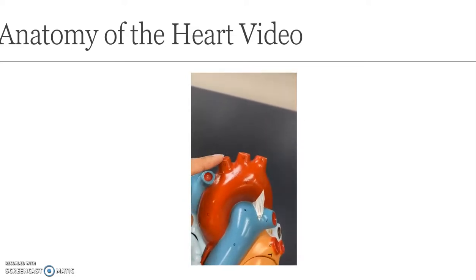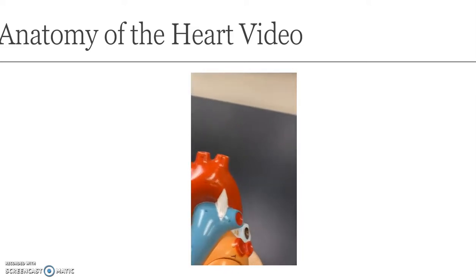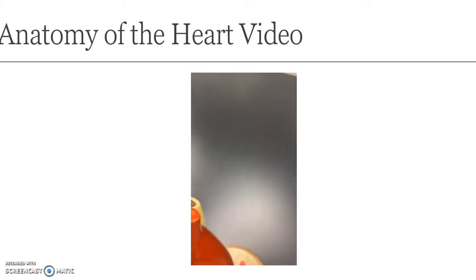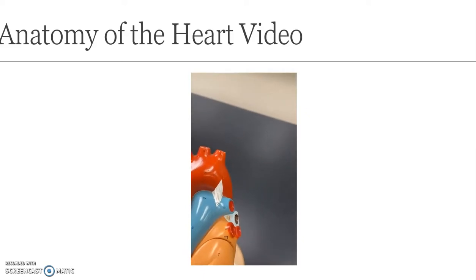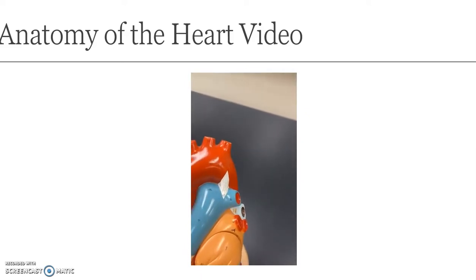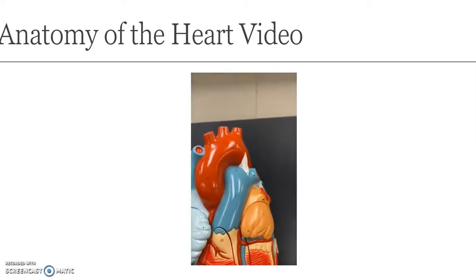Your brachiocephalic is going to supply your shoulder regions, leading down into your arms. And then your 15 here, your left subclavian, is going to also do the left side, your left upper arm. Okay, so that is the heart.